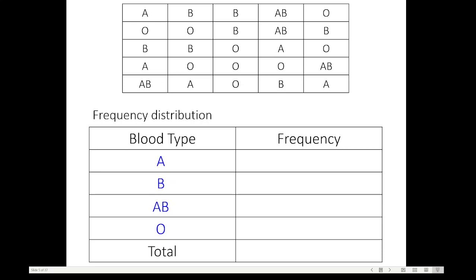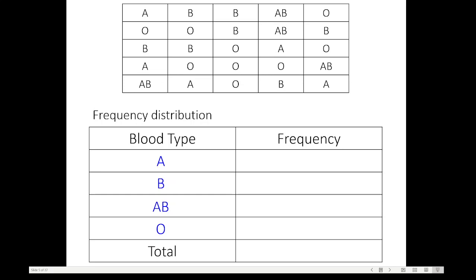Okay, so the variable is blood type, the level of measurement is nominal, and the categories that we have are A, B, AB, and O. So we have 4 categories, or sometimes we call these the attributes of the variable.